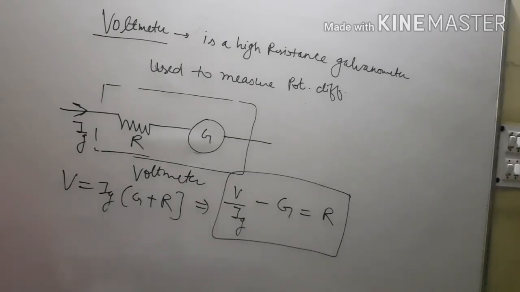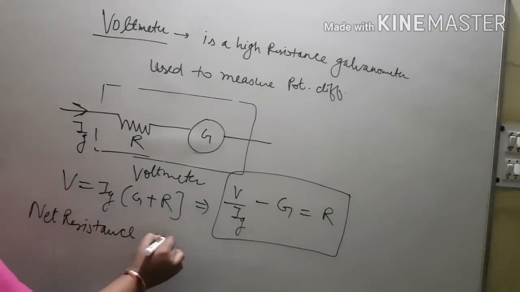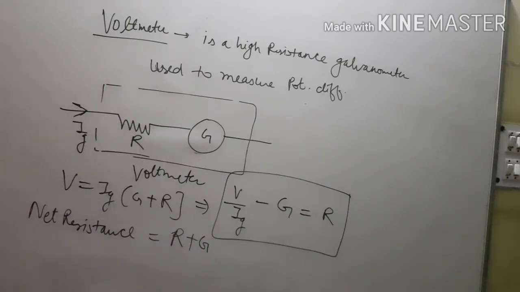Now the formula for net resistance of the circuit: as both are in series, it is R plus G. So by this we may find the net resistance.